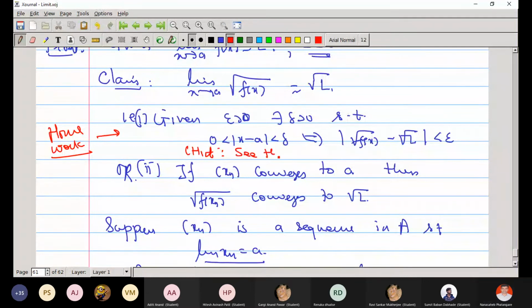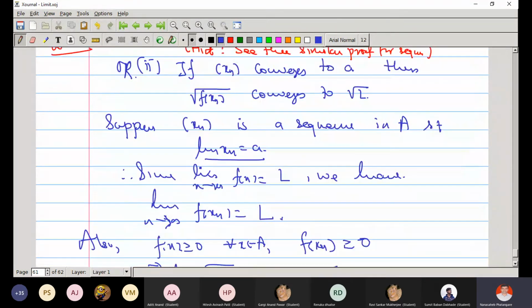The similar proof for sequences. You have proved the similar result for limit of sequences, and you just go back and see that proof. From that proof, you will get an idea how to prove this. This is the hint, right? This is an exercise, and you try to prove in the other way. This is the one way using sequential criteria.